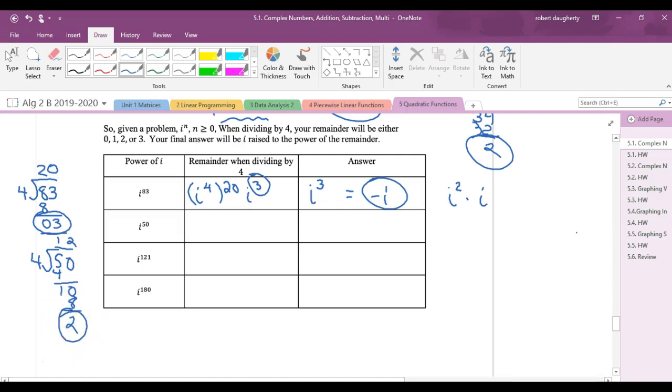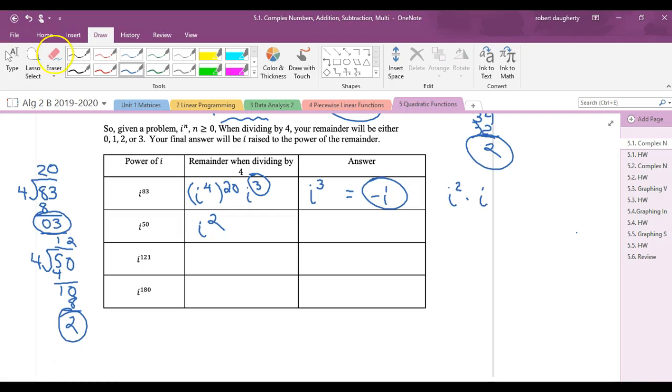If my remainder is 2, then this becomes i squared. You can divide it by 4 and go through this, writing it as i to the 4th to the 12th times i squared, but your answer is going to be i to whatever your remainder is. If I'm dividing by 4, what kind of numbers do I get for my remainder? Can I get 7 as a remainder? No. What numbers do I get? 0, 1, 2, or 3. There are only 4 numbers that I get.